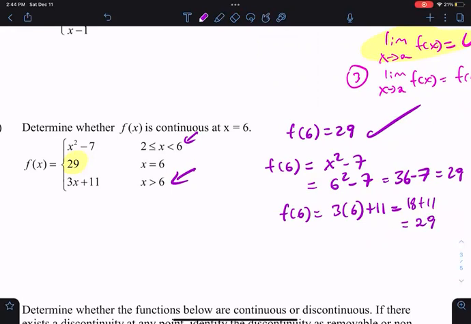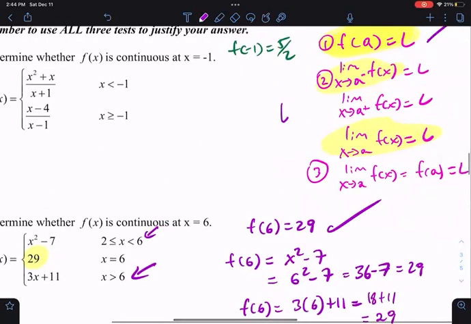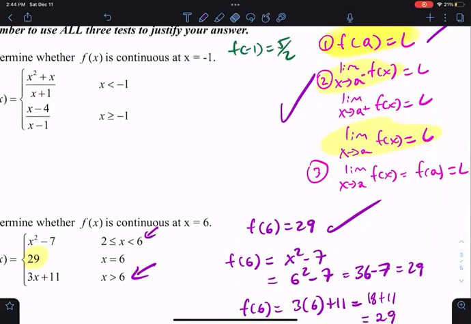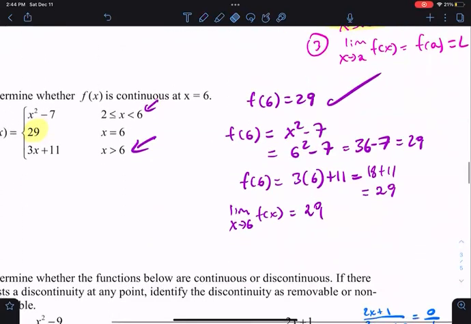So you can see from the left and from the right is the same thing. Therefore, the limit as x approaches 6 for this function is 29. Since condition 2 is also satisfied, let's see if the last condition is satisfied. The limit is the same as the function defined at that value. So we have the limit as x approaches 6 of f of x equals f of 6.